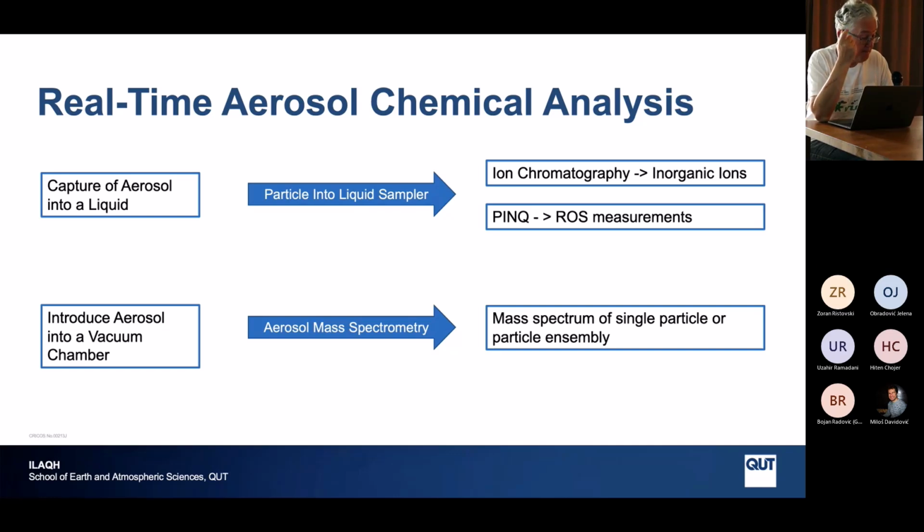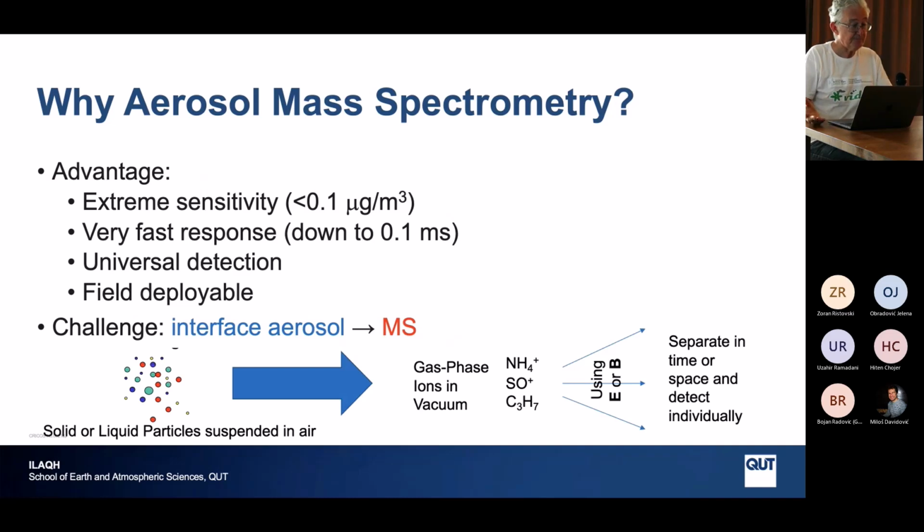The other way is to actually introduce the aerosol directly into a vacuum chamber and then into the mass spectrometer, which is aerosol mass spectrometry. Then we get the mass spectra either of a single particle, to analyze each single particle, or of the assembly of all of the particles, and do that in a continuous way with a short time resolution.